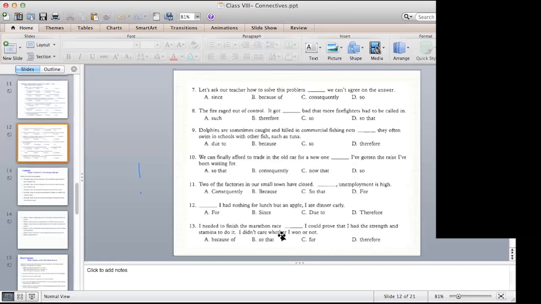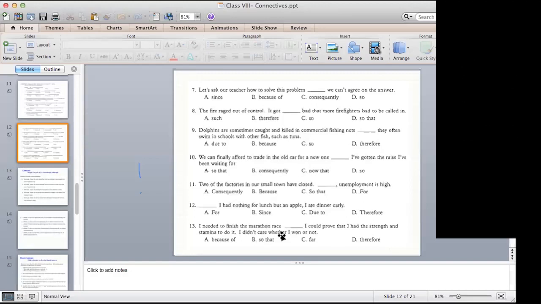Let's ask our teacher how to solve this problem, since we can't agree on the answer. We don't have because. If we had because, we would use because. So what is the equivalent of because here? It's since. Since we cannot agree on the answer, let's ask our teacher to solve this problem.